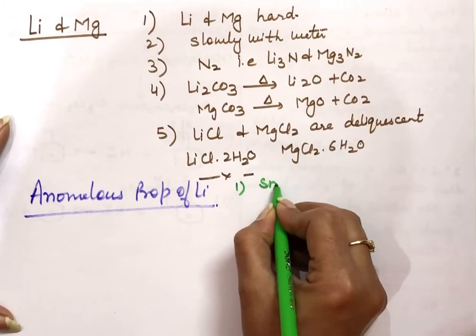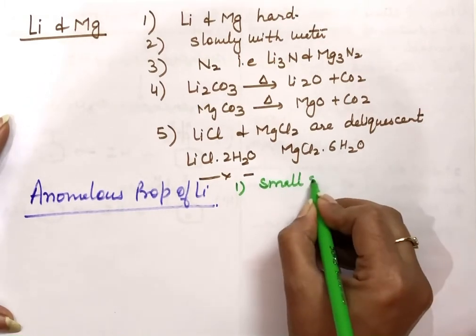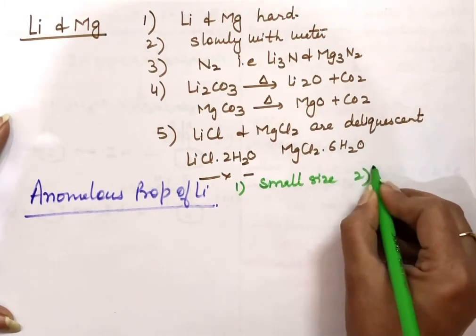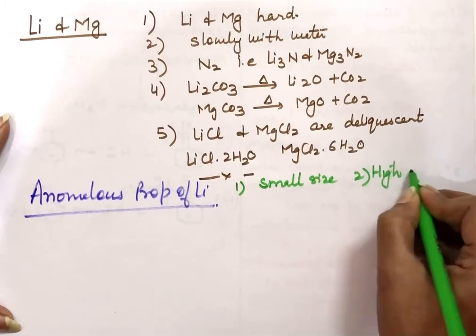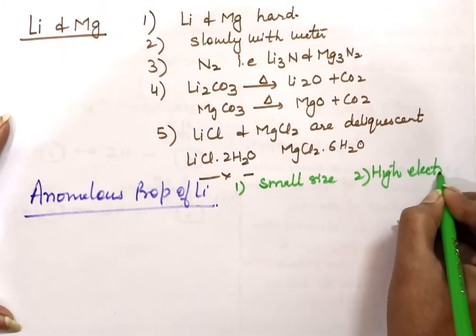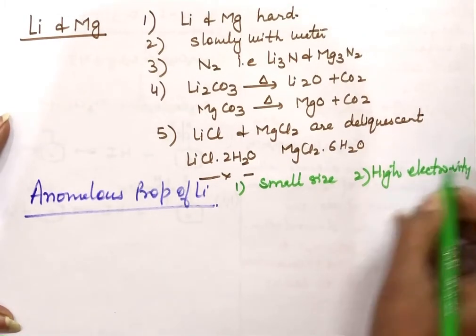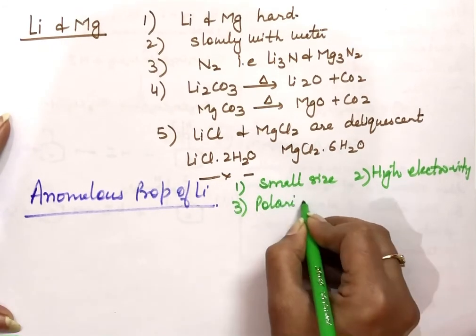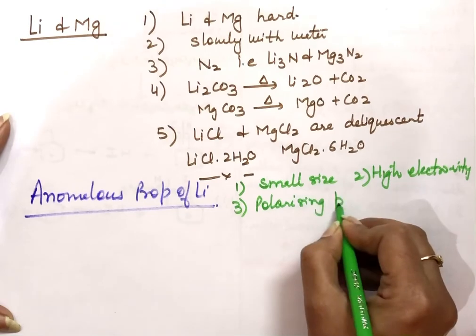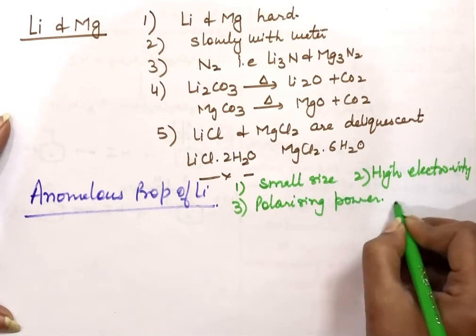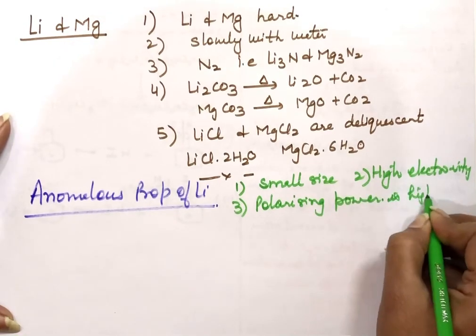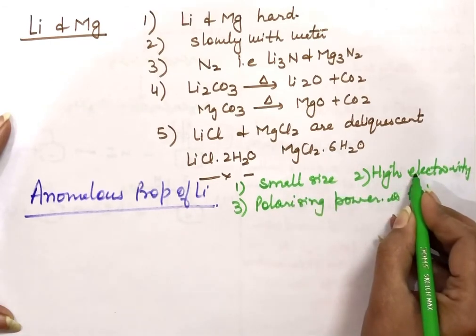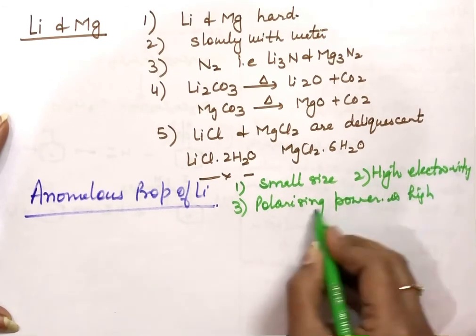Because the first element has a small size. If size is small, its electronegativity is high. Then, small size cation means polarization will be more, and if polarizing power is more, it will show covalent character.